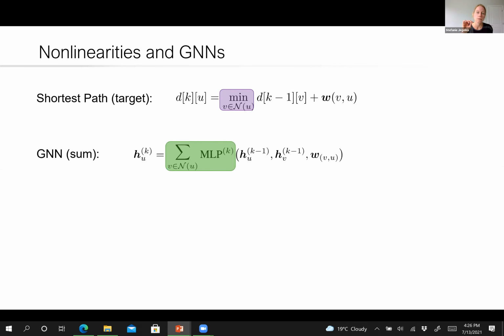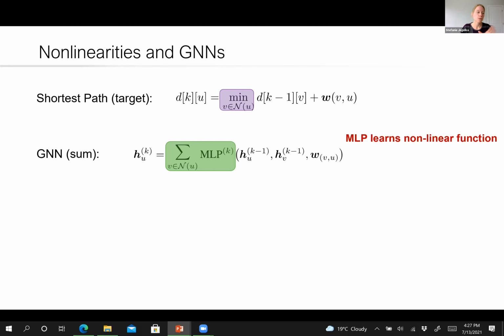So the typical sum aggregation GNN, basically this part, the sum and then the nonlinearities together have to implement this minimum and the sum. And since the MLP is a universal approximator, you can do that in general, but it has to be a nonlinear function because you have to implement the min with a sum.